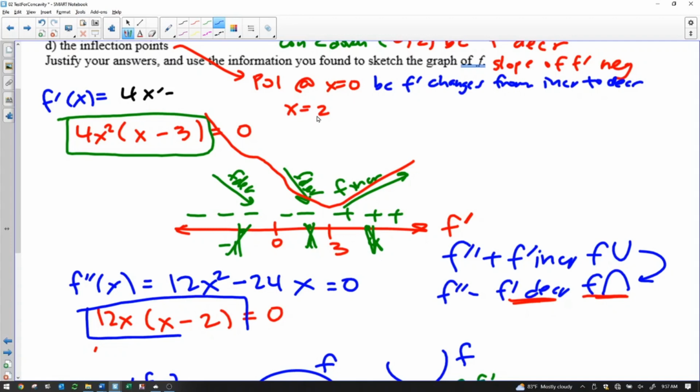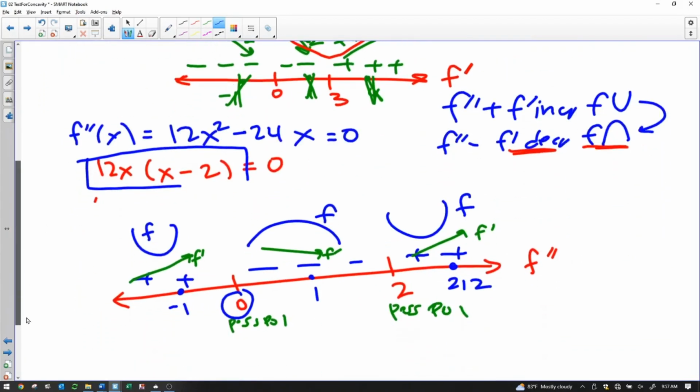And the justification for x equals 2 is that f prime changes, guess what now? From decreasing to increasing. Okay, and if you look at the f double prime number line, you could see f prime is changing from decreasing to increasing. You guys see that? Okay?